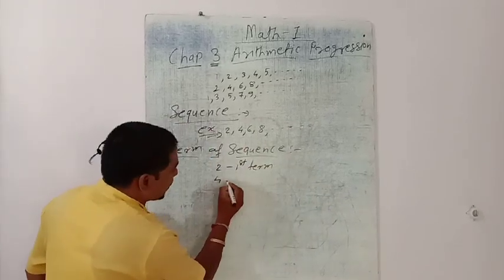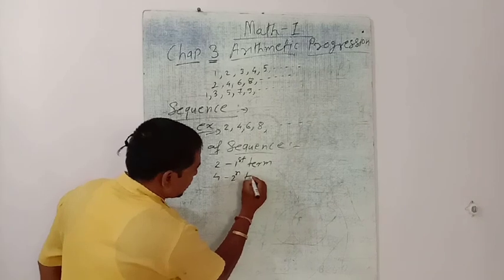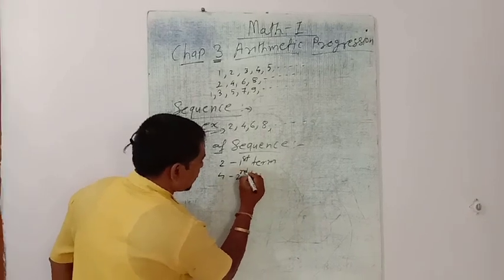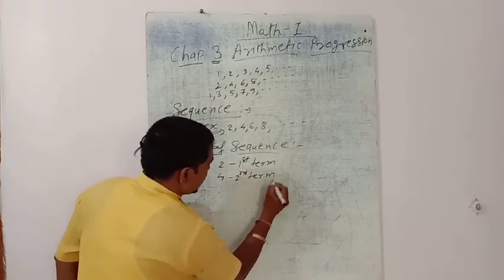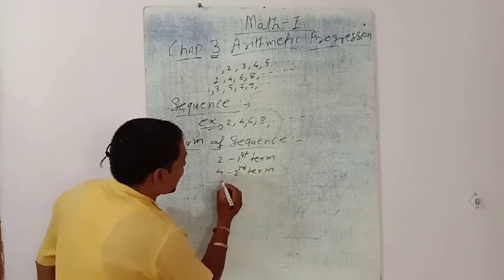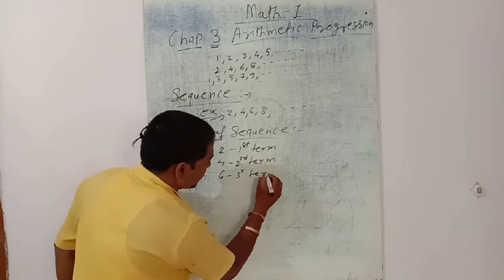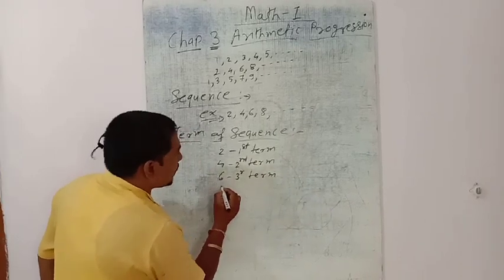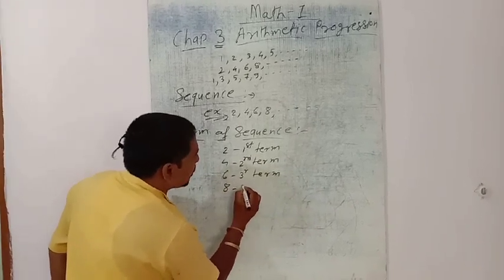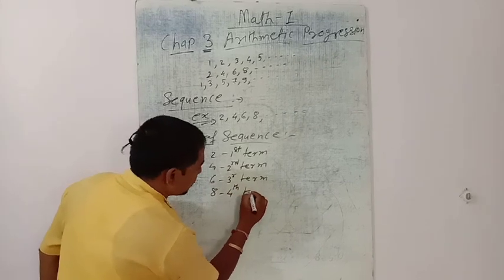Then 4 is the second term, 6 is the third term, and 8 is the fourth term.